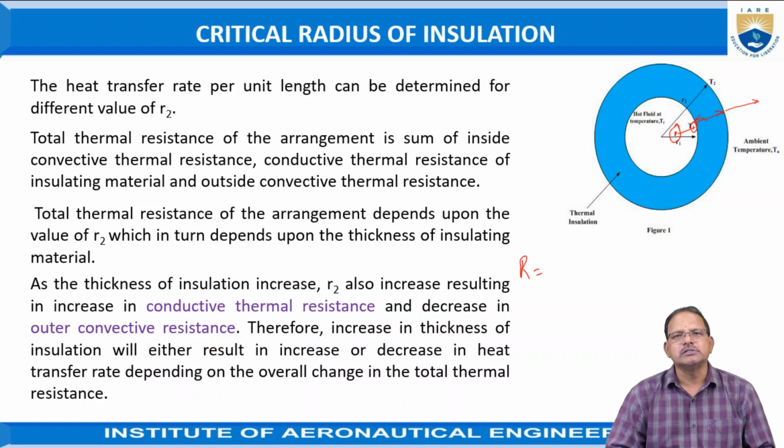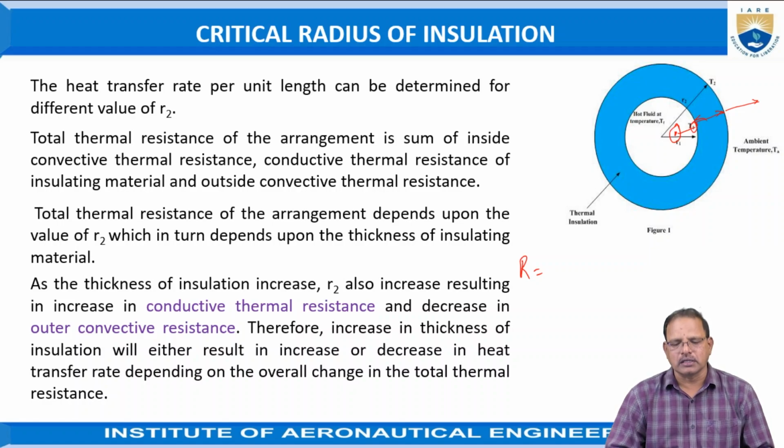The total thermal resistance of the arrangement depends upon the value of R2, which in turn depends upon the thickness of the insulating material. As the thickness of the insulating material increases, R2 also increases, resulting in an increase of conductive thermal resistance and a decrease in outside convective resistance because of the increased surface area.